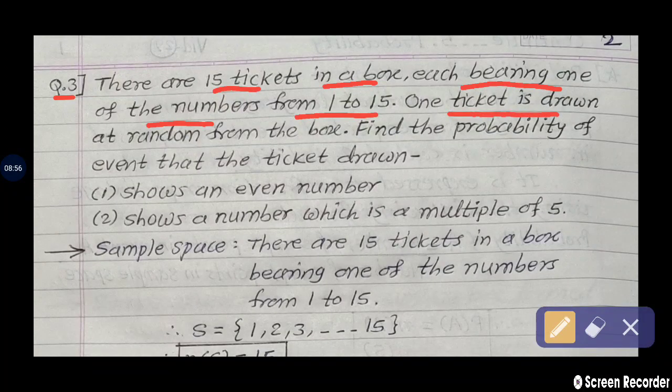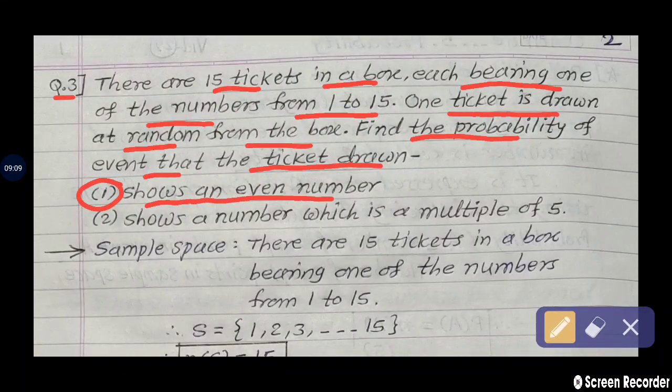One ticket is drawn at random from the box. Find the probability of the event that the ticket drawn shows an even number.